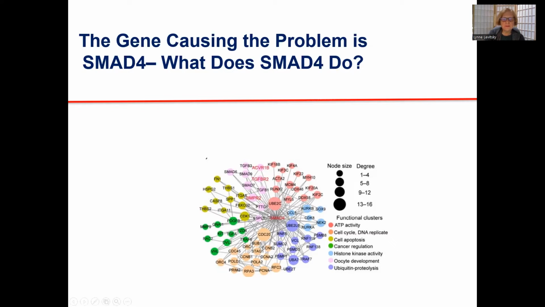SMAD4 is also very important for cell cycle genes. So how fast your cells turn over and split into two and grow are controlled by some of these genes. SMAD4 is also important for these genes in a light greenish color here, which are responsible for cell apoptosis. Now, apoptosis is a fancy word for another fancy concept, which is programmed cell death.